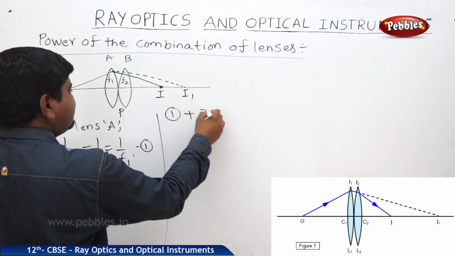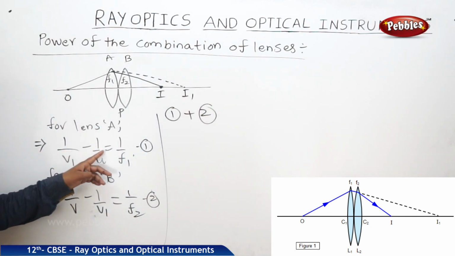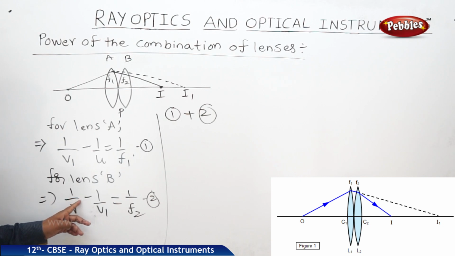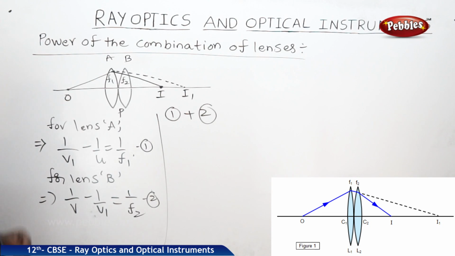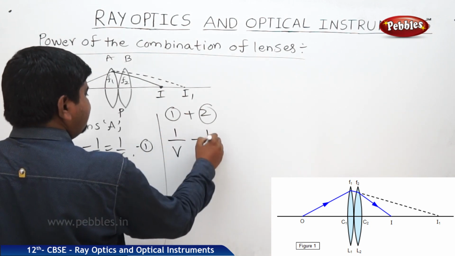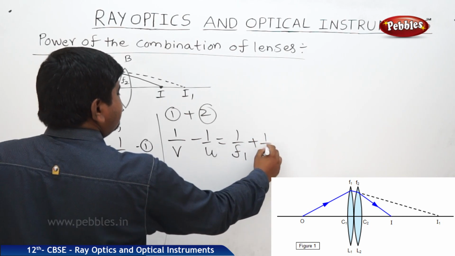So I am doing 1 plus 2. If you see the LHS, 1 by V1 minus 1 by U plus 1 by V minus 1 by V1. The 1 by V1 terms get cancelled, and you will get 1 by V minus 1 by U is equal to 1 by F1 plus 1 by F2.